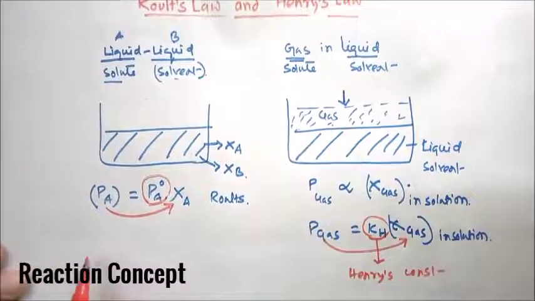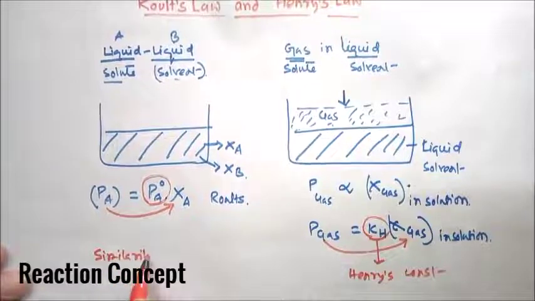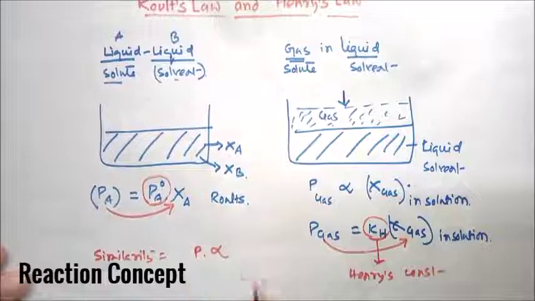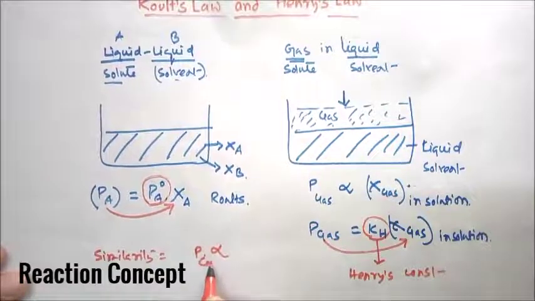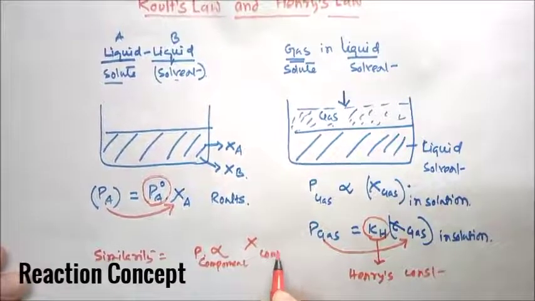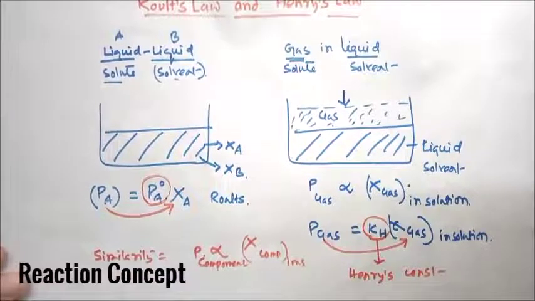So if we write the similarity between these two laws, the similarity will be the vapor pressure of a component is proportional to the mole fraction of the component in the solution. Okay, this is the similarity.